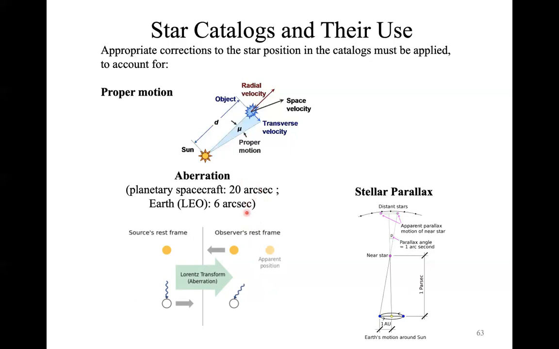So you have to take into account that when you are moving across the solar system, the velocity of the spacecraft can indeed provide this aberration effect. That has to be taken into account when you load your map of the catalog of the stars.